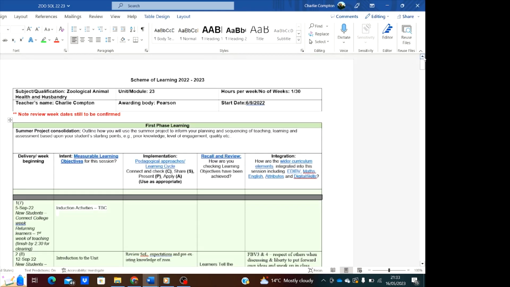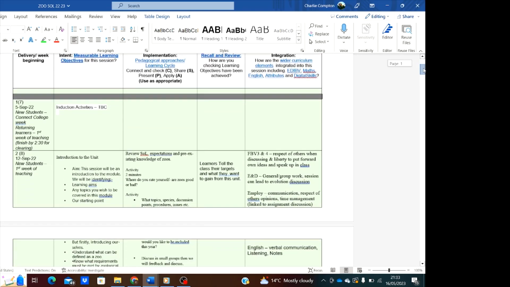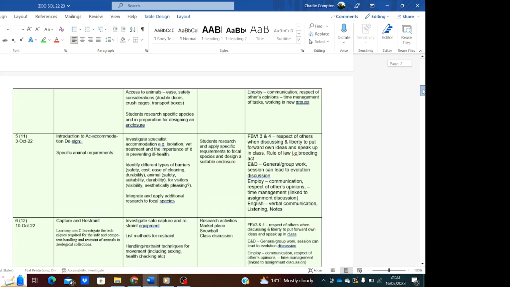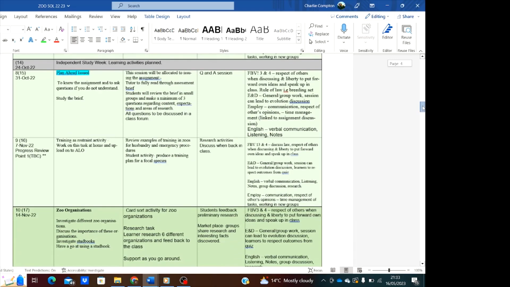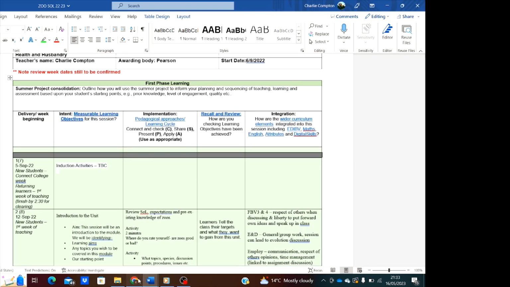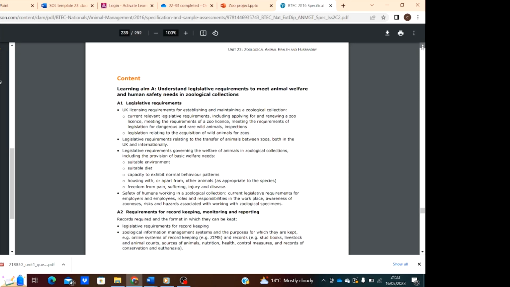But just to quickly give you a look at why I'm adapting it so much, if you see the lessons here, I've got zoo history, accommodation, then it says capture and restraint. If you actually have a look at the scheme of learning, the content runs very differently.